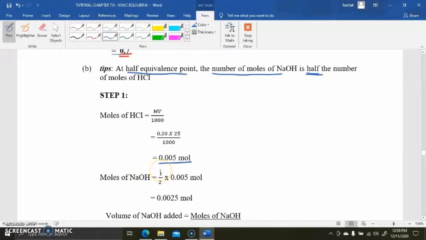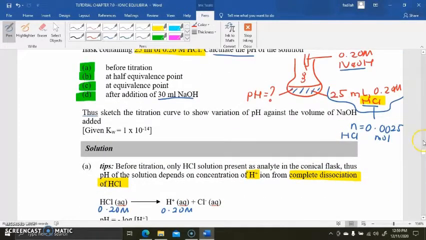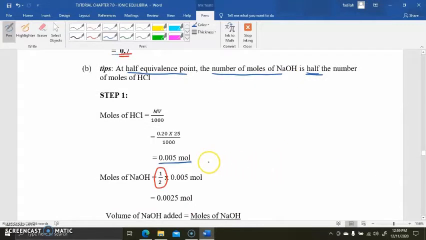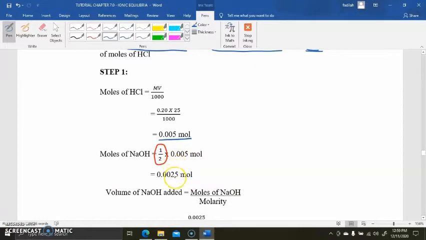Kenapa 1/2? Sebab teacher kata tadi, dia separuh, half from number of mole of HCl. So, half from 0.005 is 0.0025 mole. Teacher silap kat sini, I'm sorry. Dapat number of mole of NaOH 0.0025 mole.